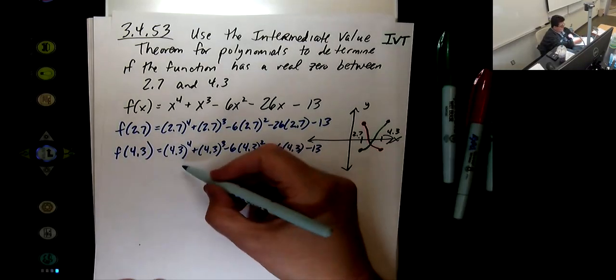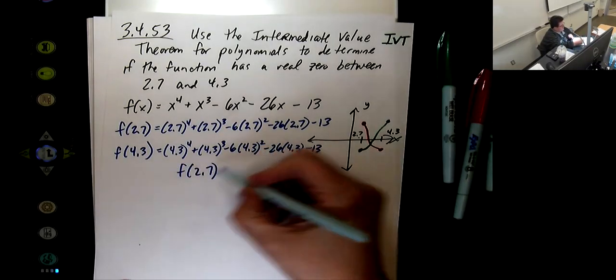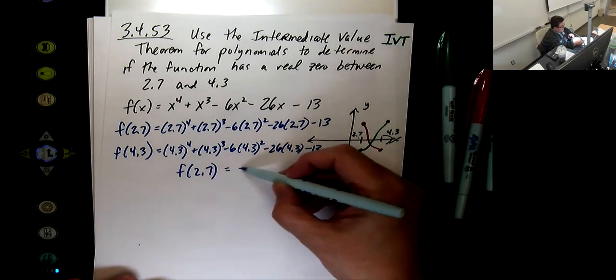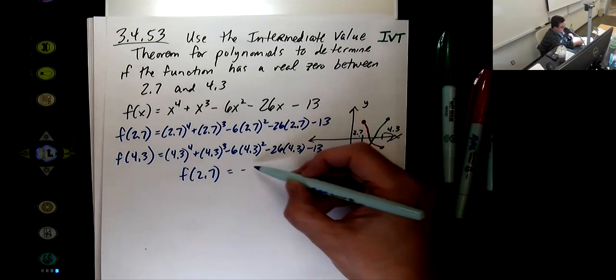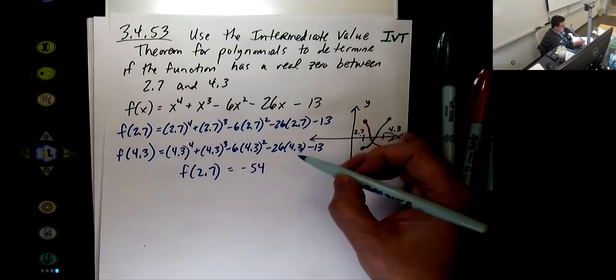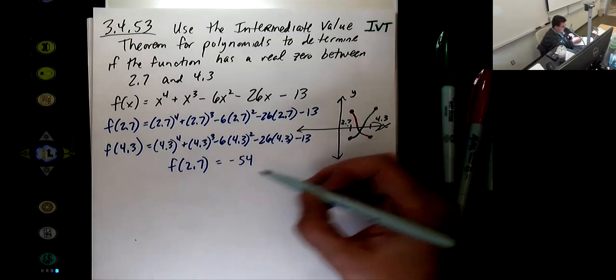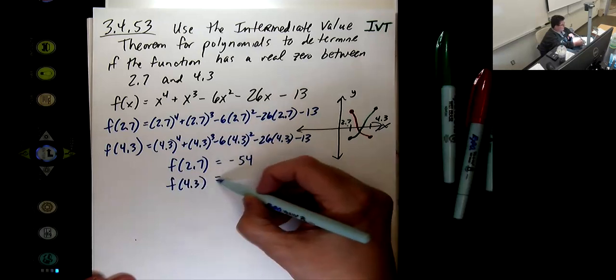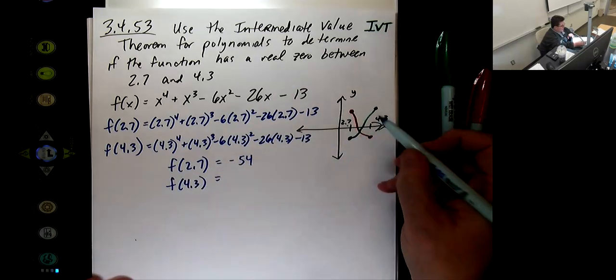So what did you get for f of 2.7? Got -54. But they're both negative though. What would you get for 4.3? I might have done something wrong too. One of us did, apparently.